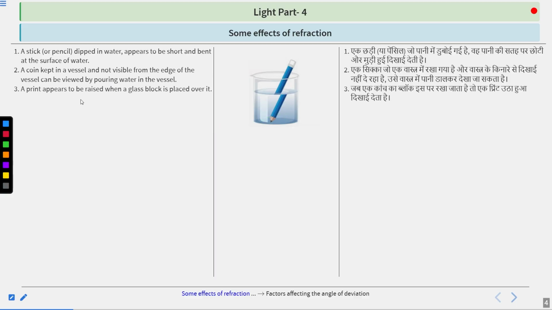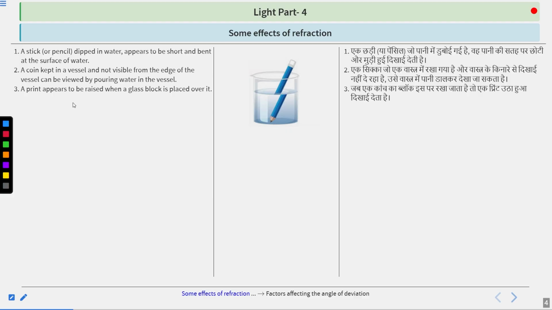A print appears to be raised when a glass block is placed over it. So you can say at the offices, we generally have glass holders to hold the paper. Often we call them table holders or paper holders.